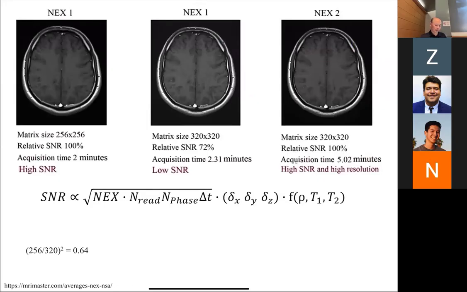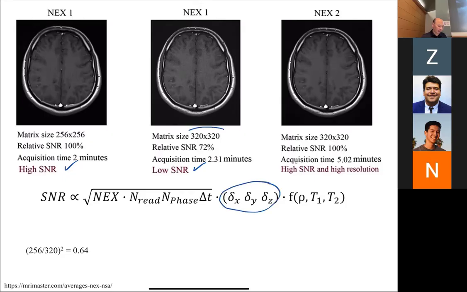And here's another example where we have a NEX of 1. Basically high SNR, but the resolution is not so good. And then low SNR, where in this case I made the voxel size smaller, right?